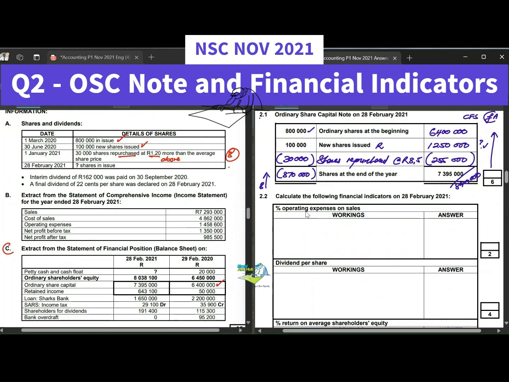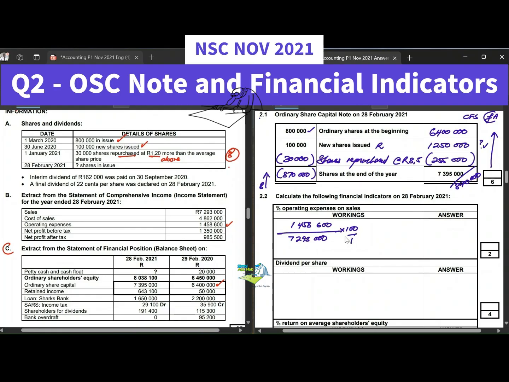So here we're saying it's going to be operating expenses on sales. So my operating expenses is 1,458,600. And then I'm going to divide this by sales, which is 7,293,000. And then I multiply this by 100 over 1.